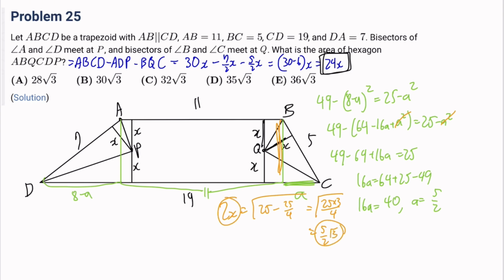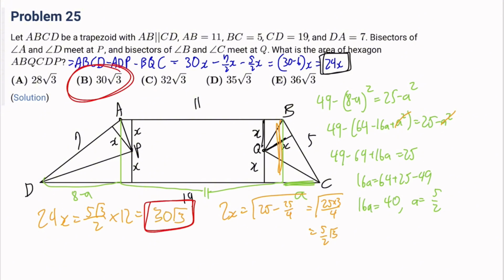And so 2x equals 5 root 3 over 2. And so we want 24x. And so if we multiply by 12, that means 24x equals 5 root 3 over 2 times 12, which equals 30 root 3, right? So this is 30 root 3, it's B. So that was it for the AMC 12B from the year 2008, and thank you for watching.